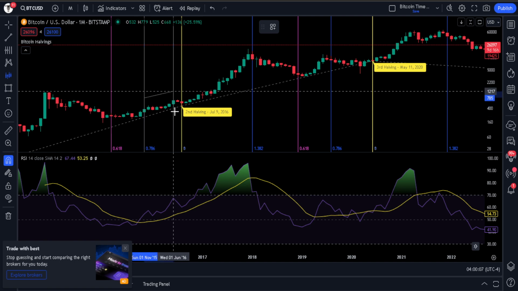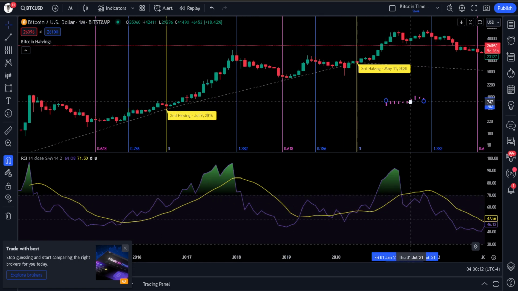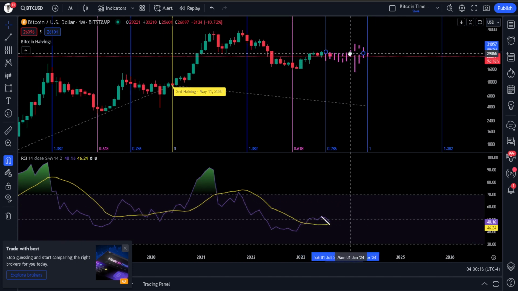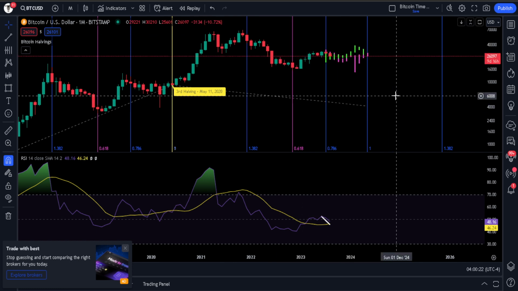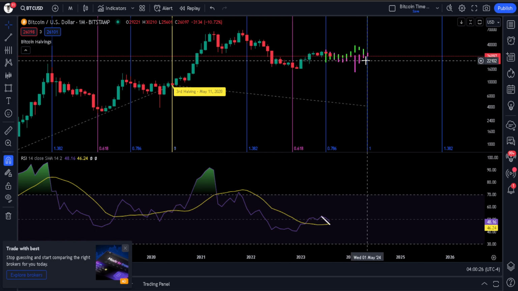Then over here, it looks something like this. That was the first halvening cycle. We'll just change that color to neon. So yeah, pretty much you can expect a boring sideways movement all the way to the middle of next year.